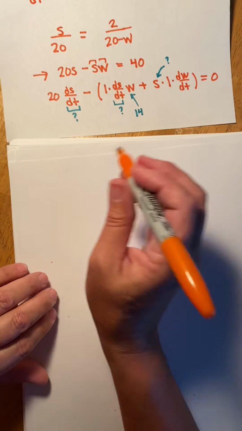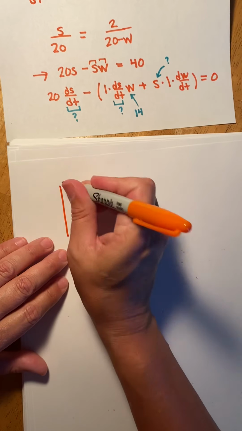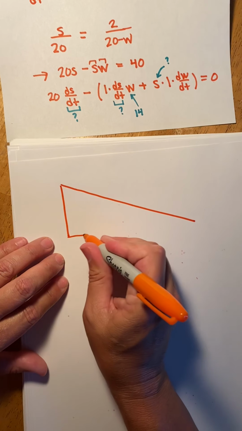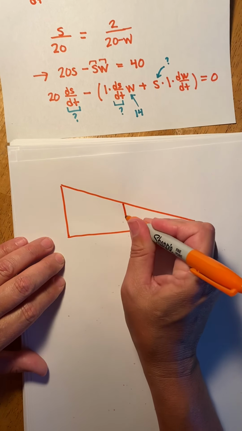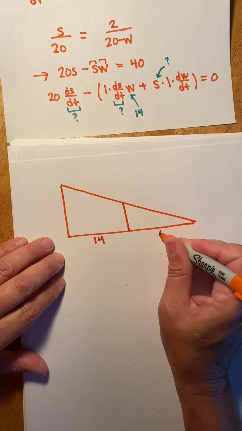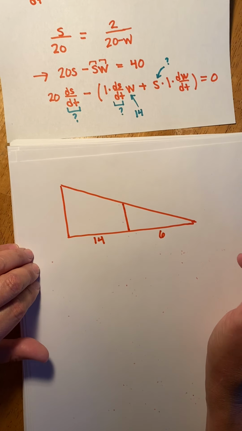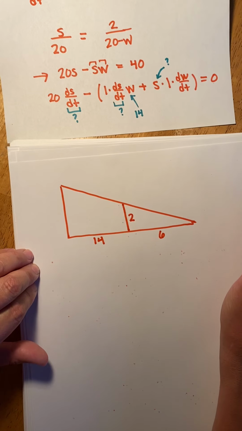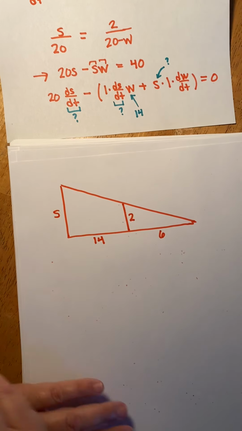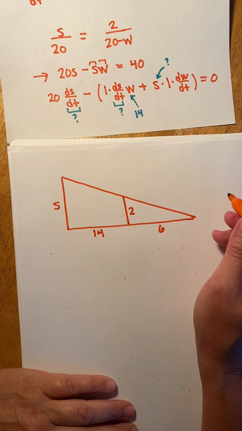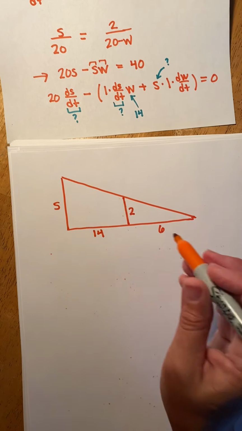We don't know what S is, but we do know that this is 14, this is 6, and this is 2. So how can we determine what S is?